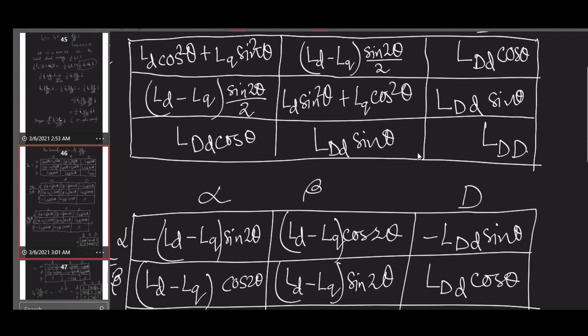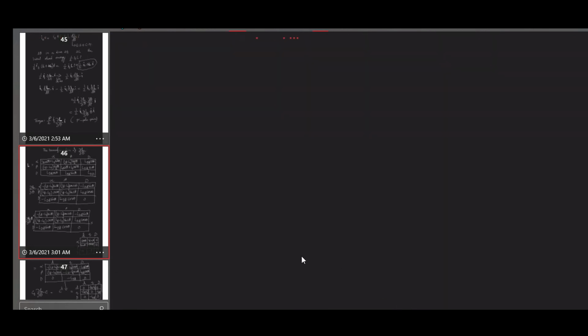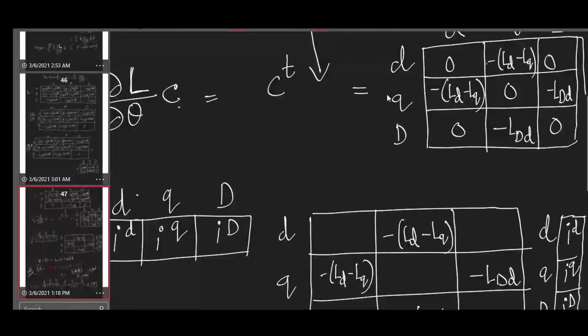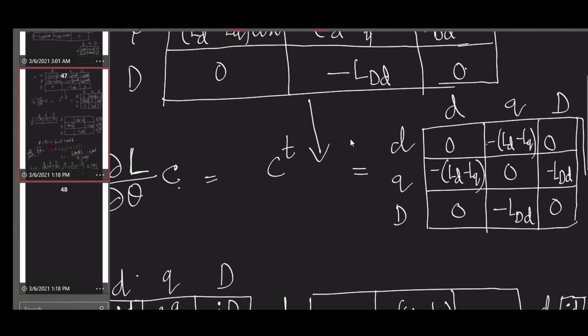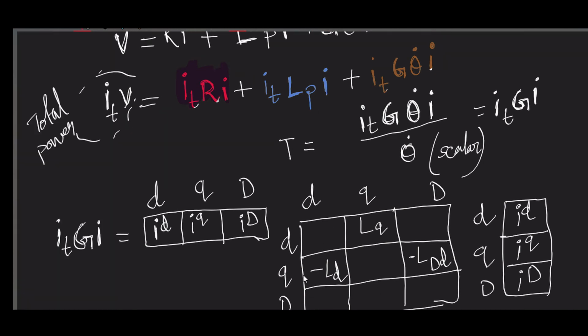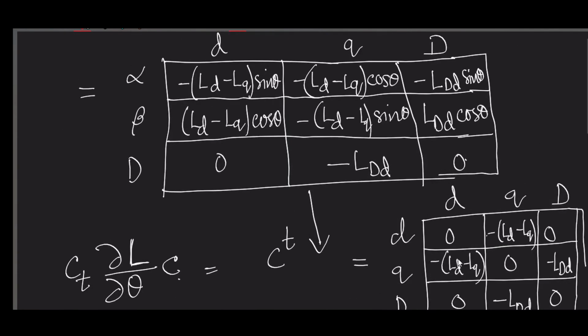Yeah, this is the expression of dL d theta in the dq frame. What we got, this, right? And what we are now having here is this. So what you can conclude from these two is that here your G is clearly not equal to del L del theta, nor even half del L del theta.